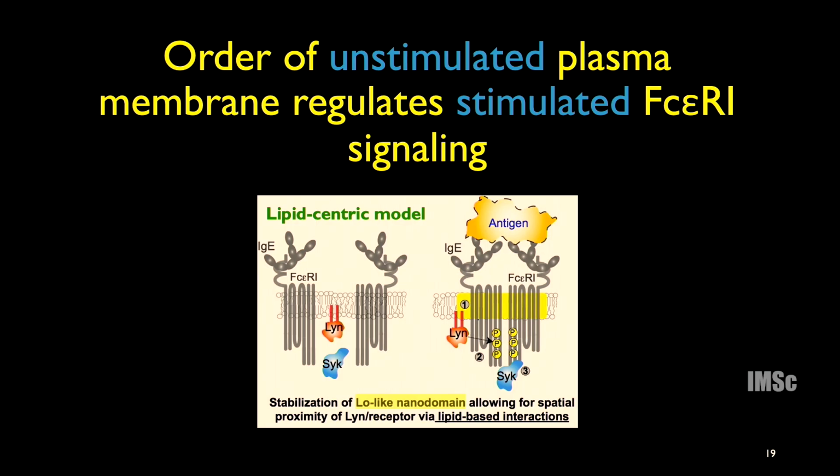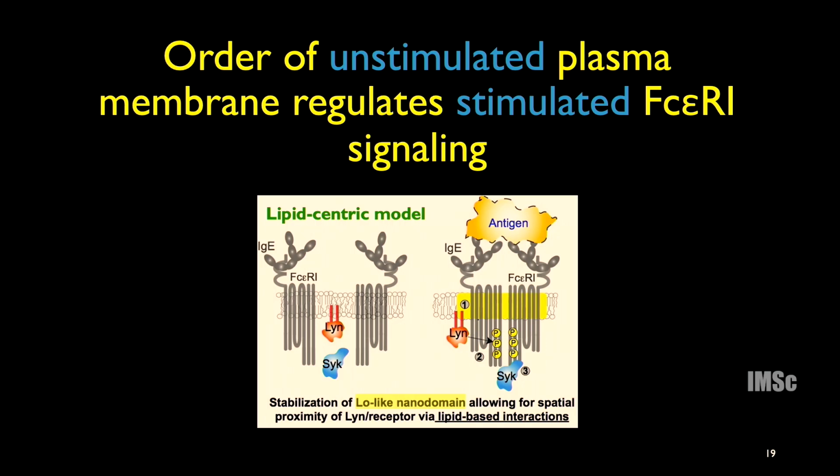Now, I would say yes, because at the end of the day, it is how much stabilization you are making over here that dictates how much time Lyn will spend over here. If the ordered regions are not so stable, Lyn will not spend so long in there, and it will have less chance to talk to the receptor, and vice versa.